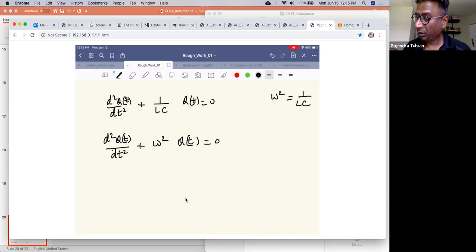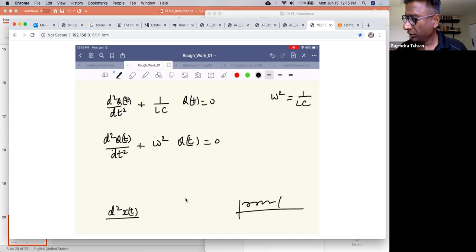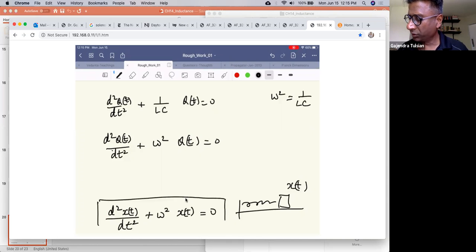And this is exactly the same equation as that for a mass attached to a spring. The position of that thing obeyed this exact same differential equation: simple harmonic motion. You guys can go check.